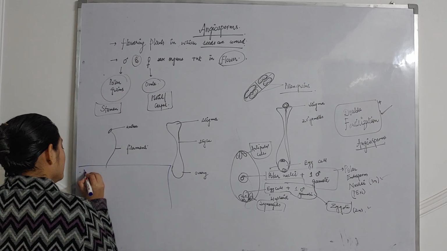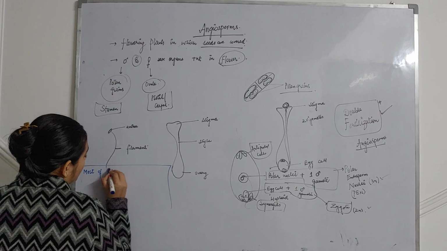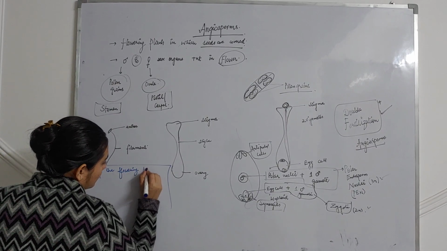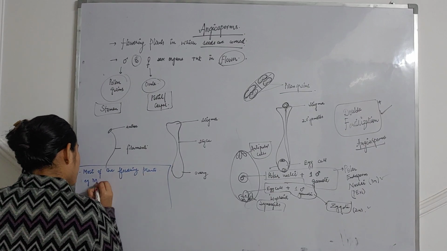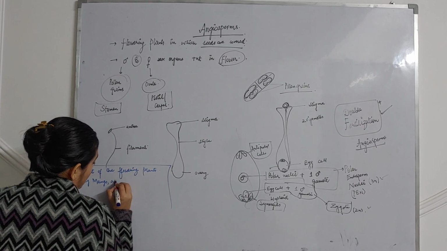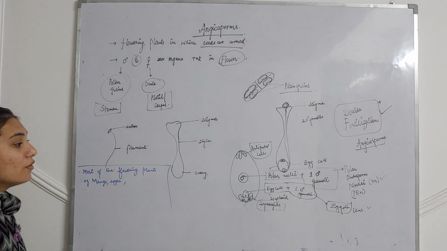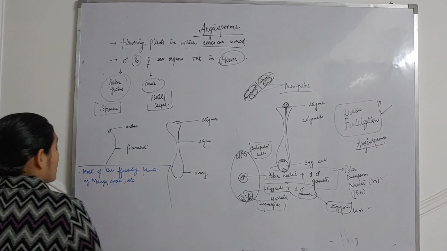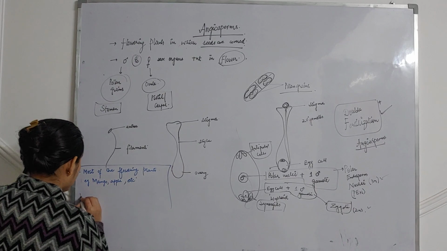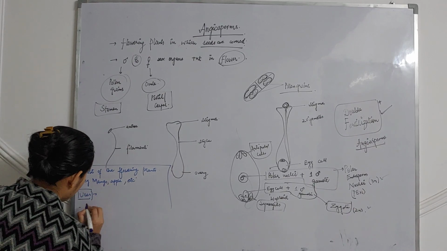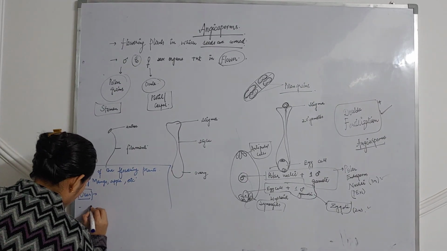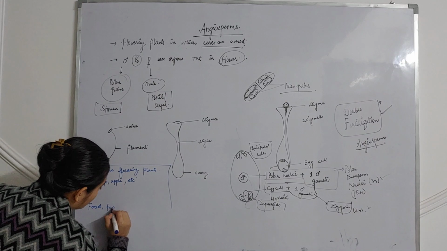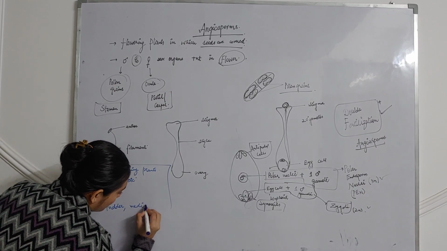Most of the plants we see, the flowering plants, are angiosperms. Examples: mango, apple, or we can say the fruiting plants from which we can obtain fruits, etc. And the uses of angiosperms: angiosperms can be used as food, fodder, as well as for medicinal purposes.